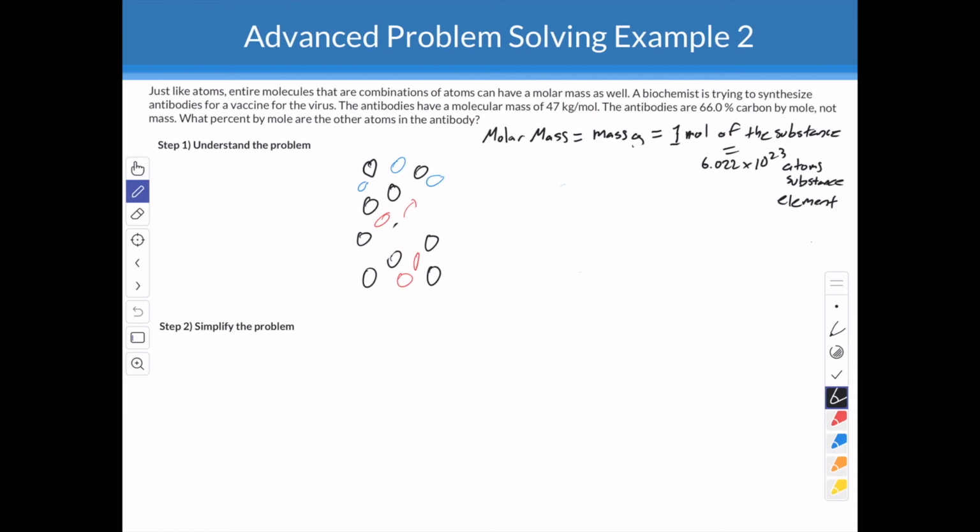We could think of it as 1 mole of the molecule of the substance, which would mean 1 mole of the molecule equals 6.022 times 10 to the 23rd molecules instead of atoms, right?